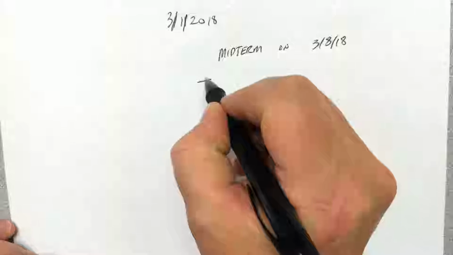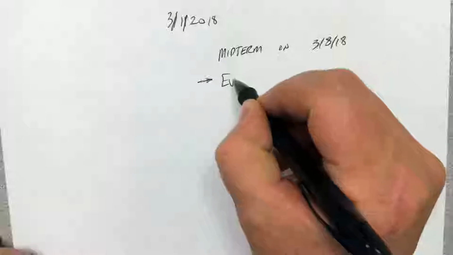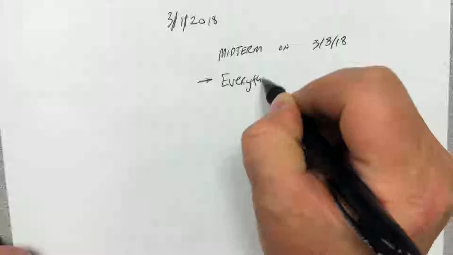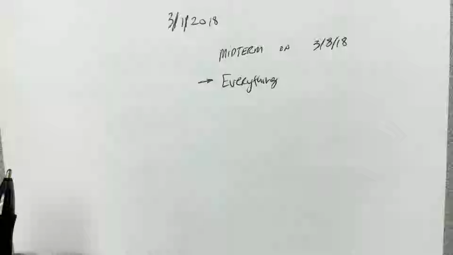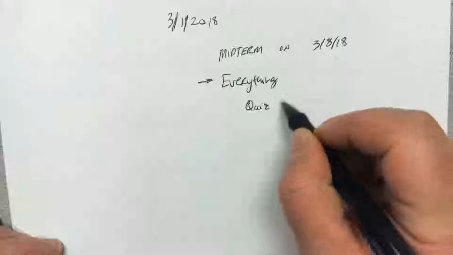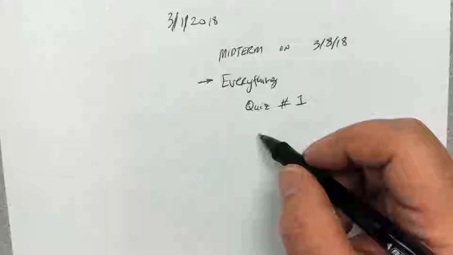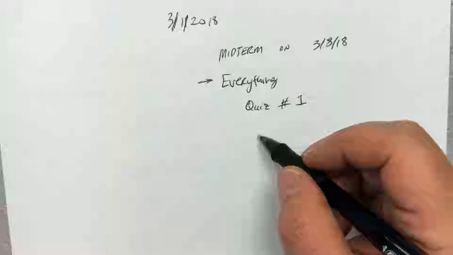So on your midterm, you want to know what's on your midterm? Sure. Everything. So it's your first quiz. The topics on quiz number 1. Everything that we covered, which is like linear equations mostly, right? Inequalities.